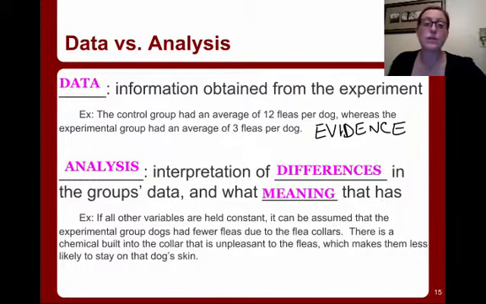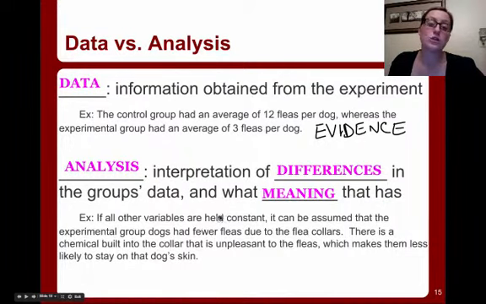So if that's data, then what does it mean to go through an analysis of data? So when you look at the numbers, a lot of students, when they're writing a summary, would stop here. But you need to explain the why behind your data. And so what meaning do those numbers have? Why are there differences between the groups? One 12 fleas and the other one 3 fleas.